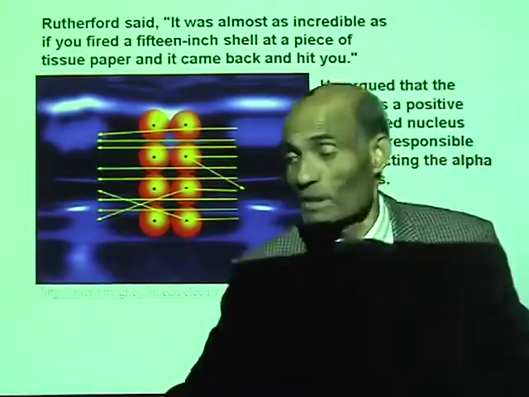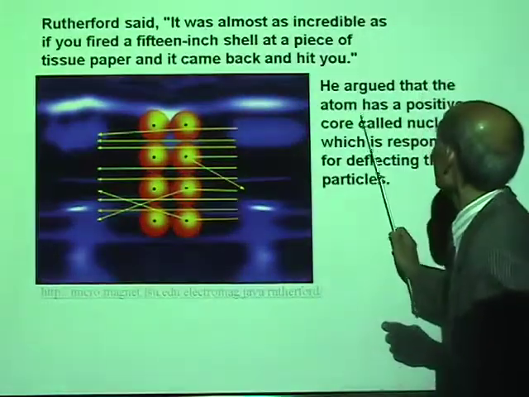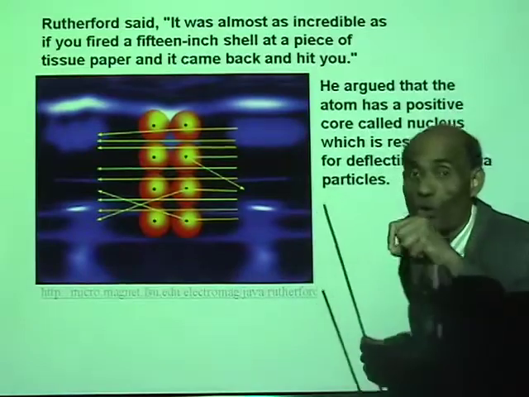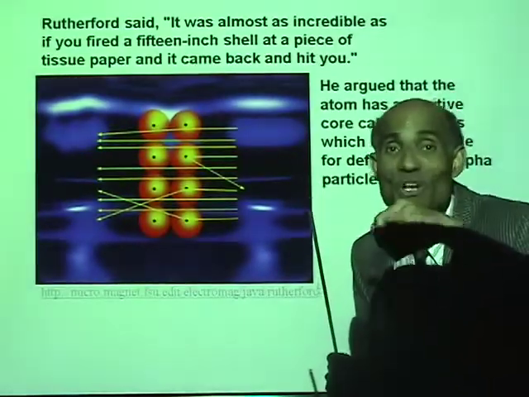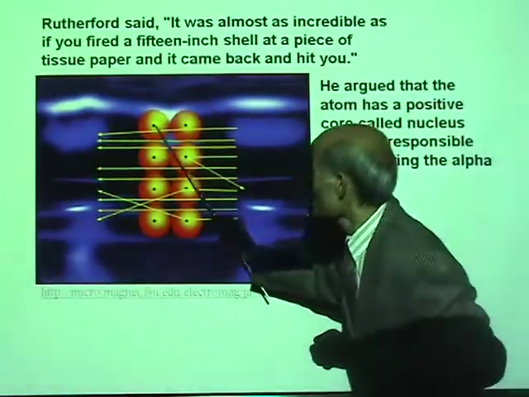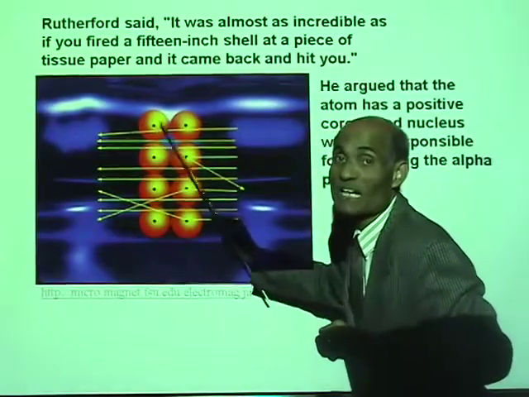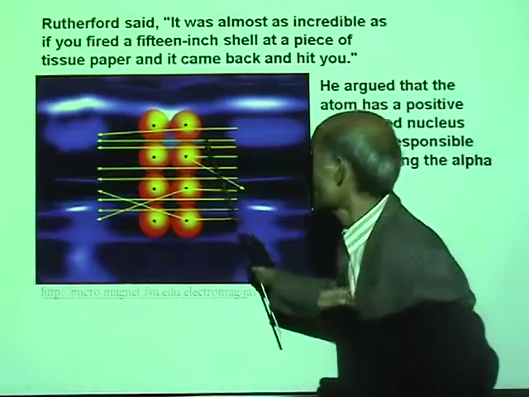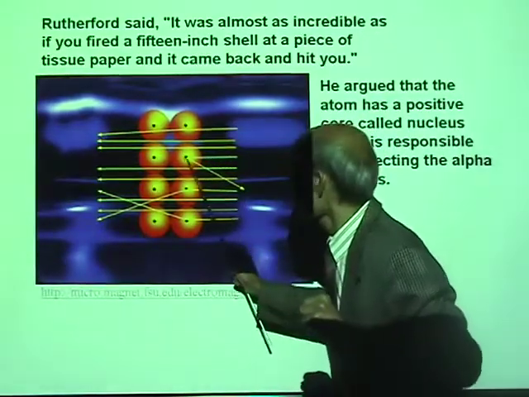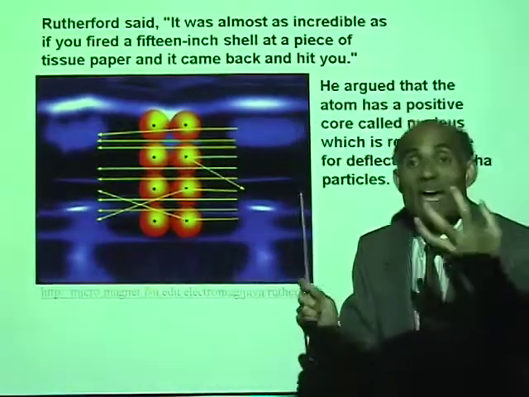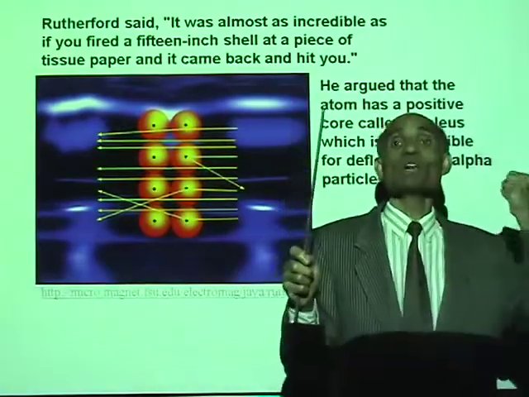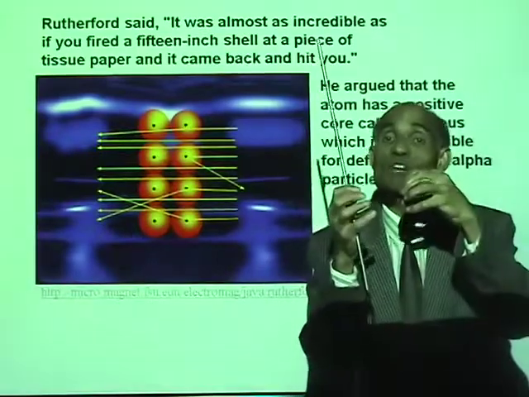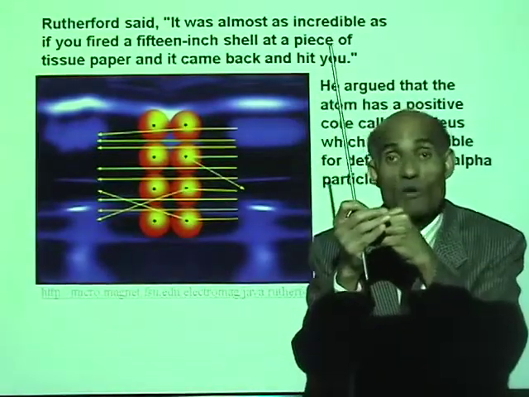So, Rutherford argued that the atom has a positive core, and he called that the nucleus. So, this dark dot that is here is the positive part, that is the nucleus. And when an alpha particle encounters that, it is then that the alpha particle is bounced almost back. So the nucleus, therefore, is a very hard part.